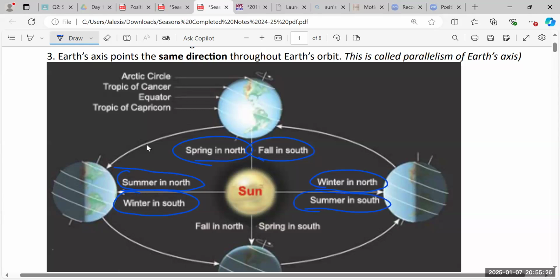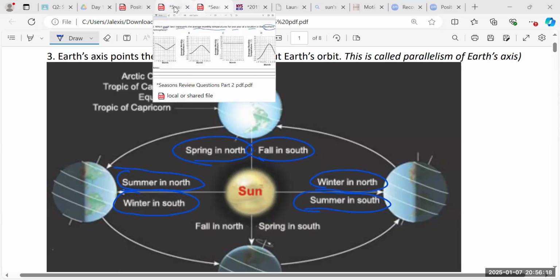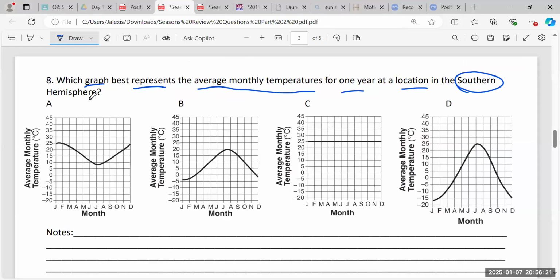When it's summer in the north, it's winter in the south. When it's winter in the north, it's summer in the south. So I know my warmer temperatures in the northern hemisphere happen during the summer, and my cooler temperatures occur during the winter in the southern hemisphere. Because we're looking at the southern hemisphere, we have to think of the opposite.